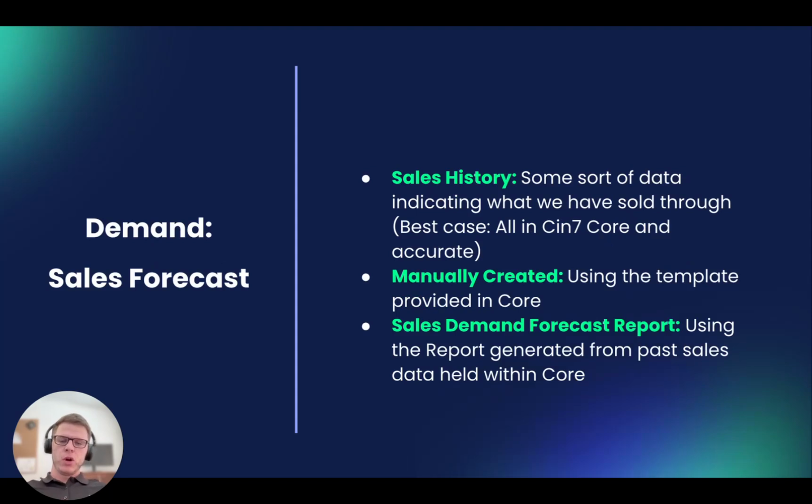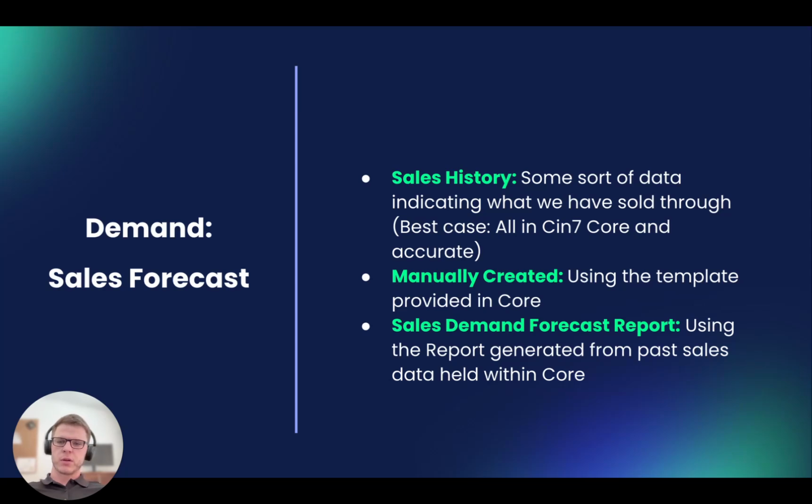But the overarching mechanic for this is our sales forecast, right? So what are we looking to be selling? We can base this off of our sales history. So what have we sold in the last 3 months? Let's average that out either by weighted, moving, or naive averages and say, okay, cool, we're going to be selling this on average for the next month or 2 months or 3 months or whatever the period is.